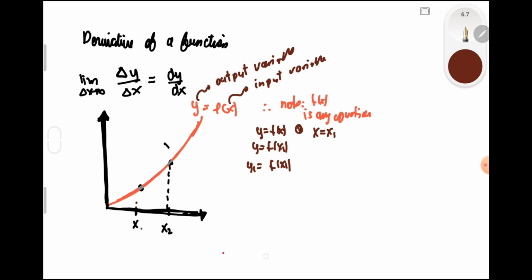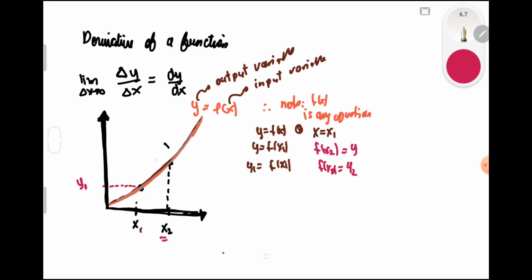So pag may x sub 1 ako dito, pag sinubstitute ko yung x sub 1 natin sa f of x natin, which is a point in our graph, magkakaroon tayo ng corresponding value na y sub 1. Okay? And also, pag nag-substitute ako ng value ng x sub 2, f of x sub 2 is equal to y sub 2.